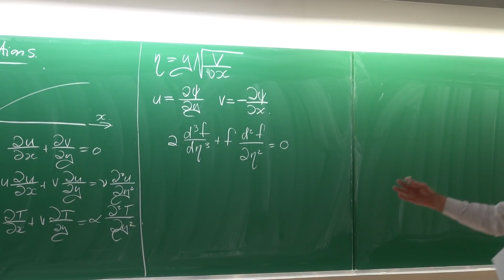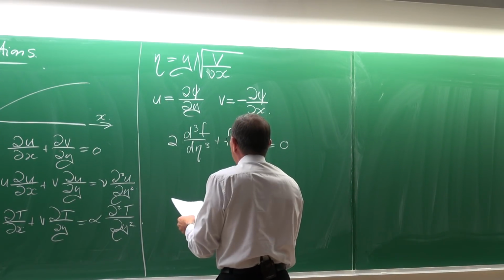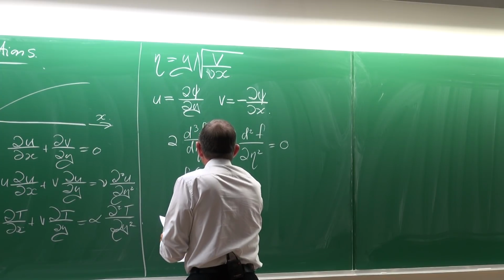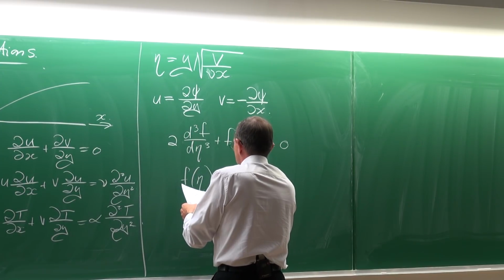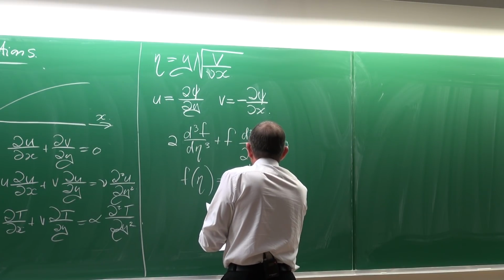So he then derived this third order differential equation, and he defined a function f, which is a function of eta, which is equal to the stream function divided by the velocity.